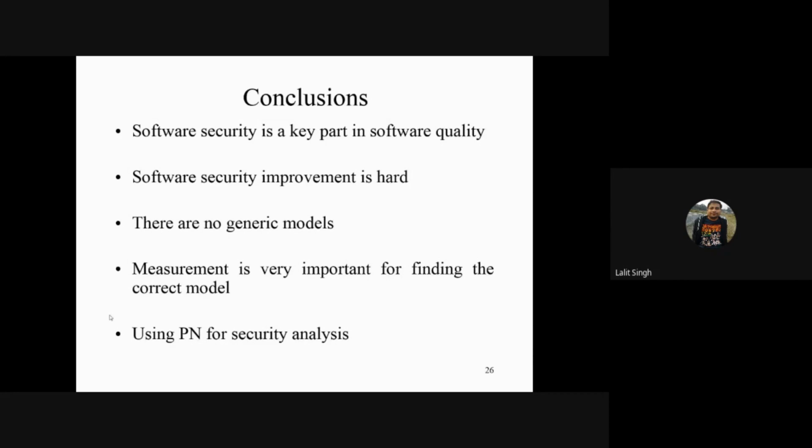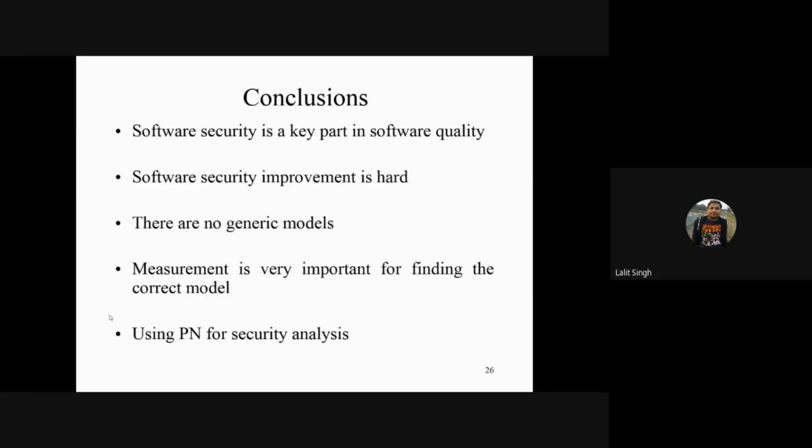In conclusion, software security is a key part of software quality, and although software security improvement is hard, there are no generic models. So the system analyst has to take a role. We have to analyze the attributes of the system, and like the way I had pointed out during the explanation of the security framework, what are the various phases.